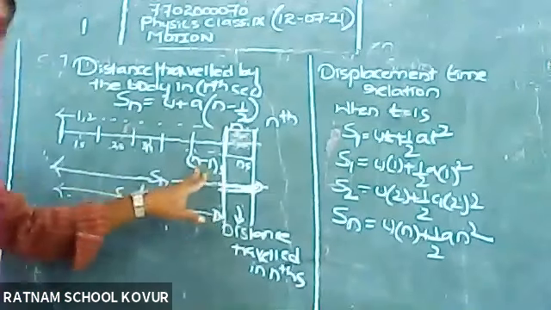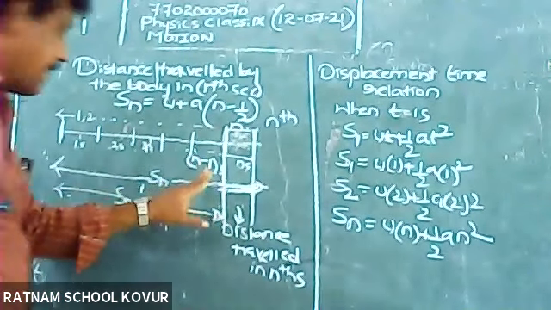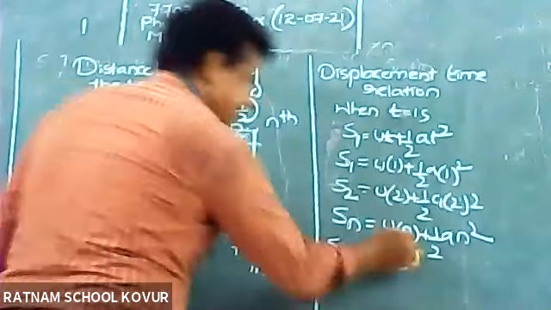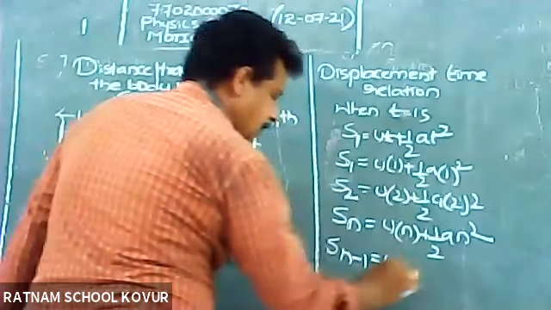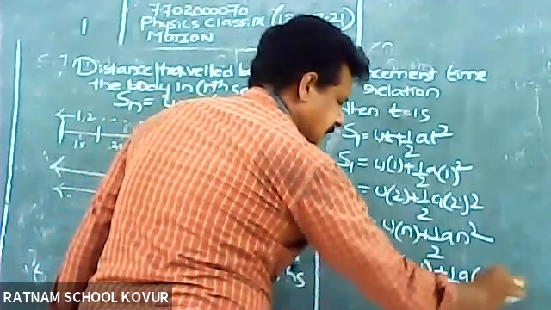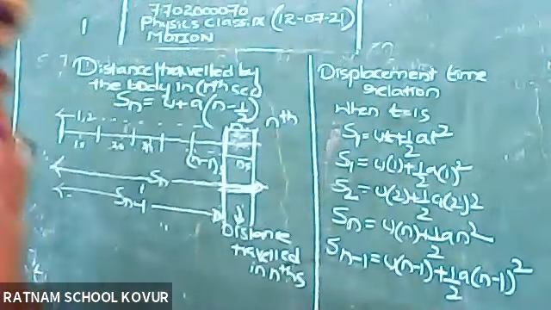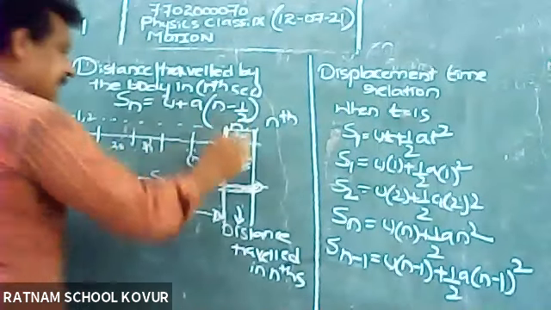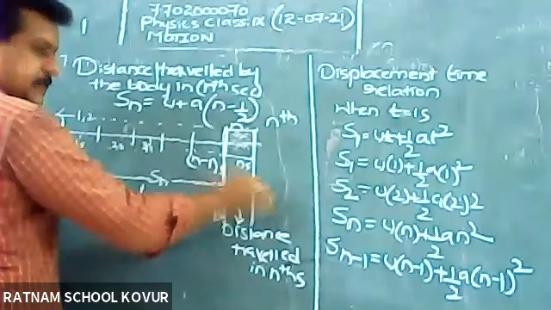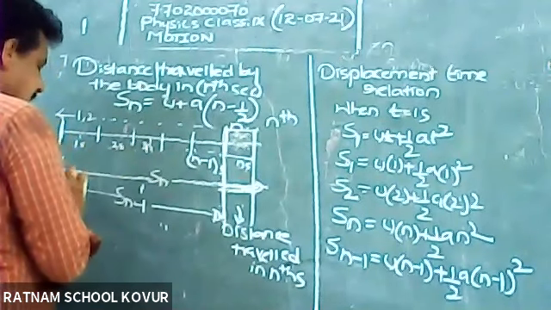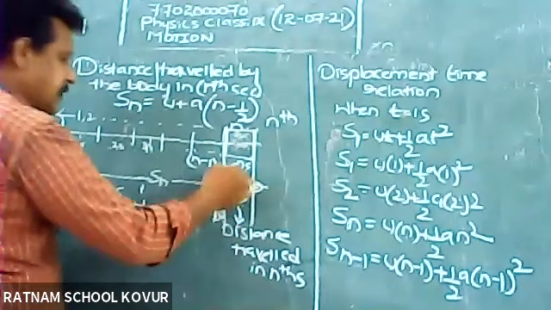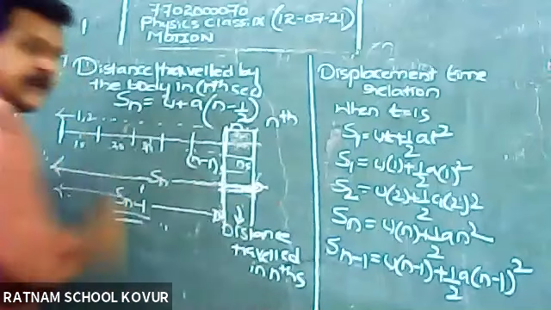In the same way, for n minus 1 second, Sn minus 1 is u into (n minus 1) plus 1 by 2 a (n minus 1) whole square. To calculate this portion of the distance, we calculate the displacement up to n and up to n minus 1, and subtract: Sn minus Sn minus 1 gives the distance traveled by the body in the nth second.